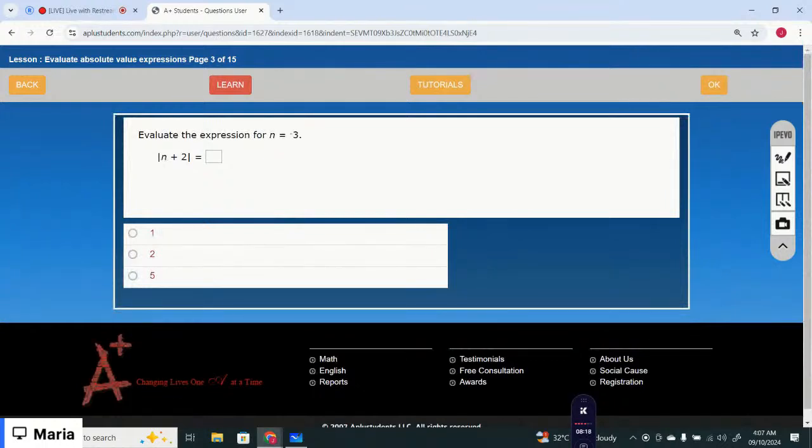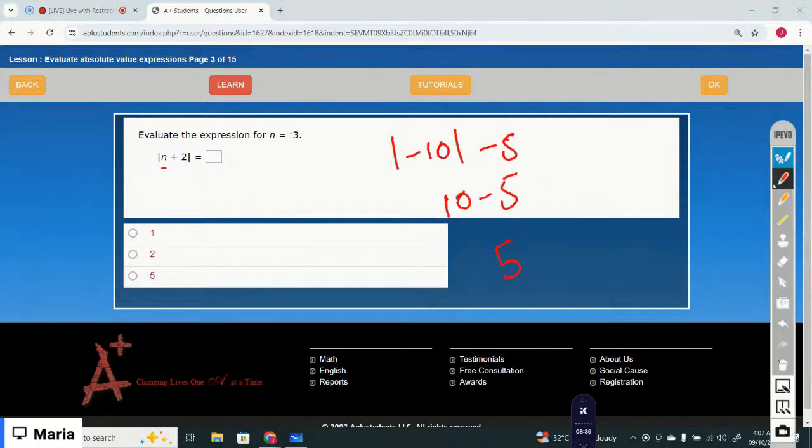Evaluate the expression for n equals negative 3. So which is the correct option? So that is negative 3 plus 2, right? Negative 3 plus 2 is negative 1 and the absolute value of negative 1 is 1.